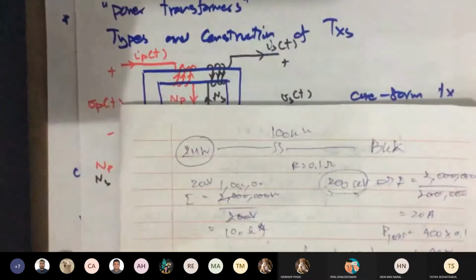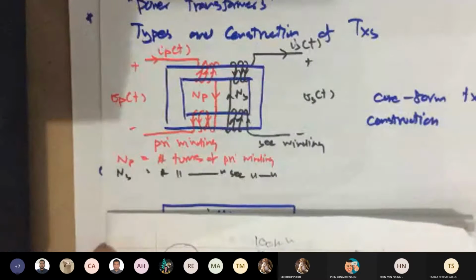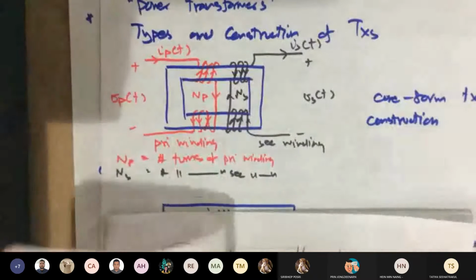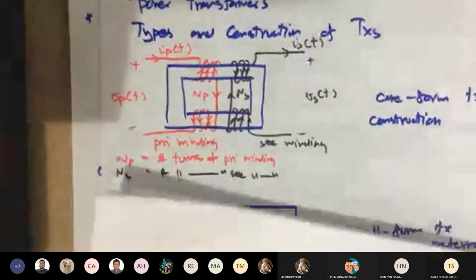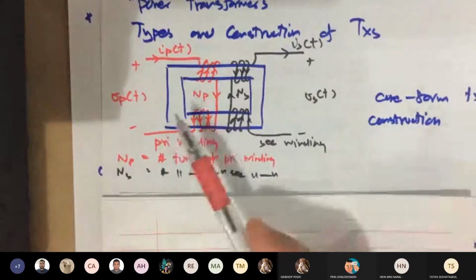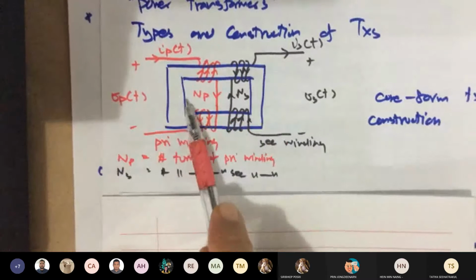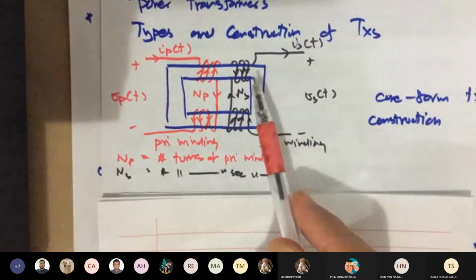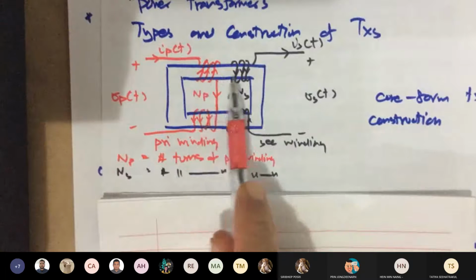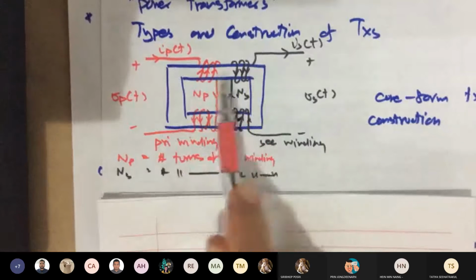For power transformers, we have constructions and types. Before we move on, let's look at a basic model of symbols and notation in a transformer. As mentioned earlier, transformers are built using a ferromagnetic core, and the way we transfer energy between the primary and secondary is by means of magnetic induction.